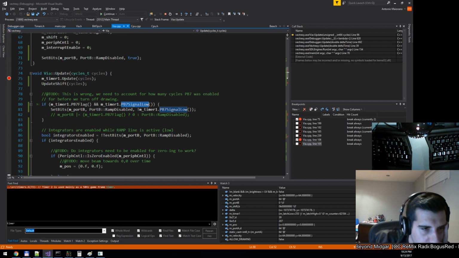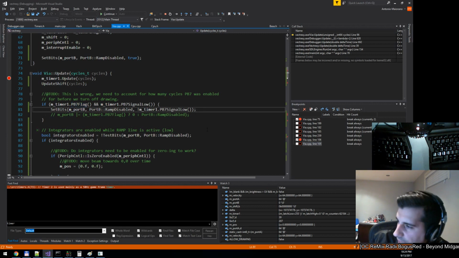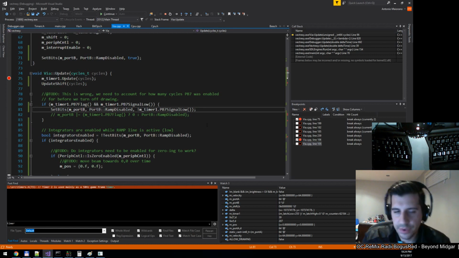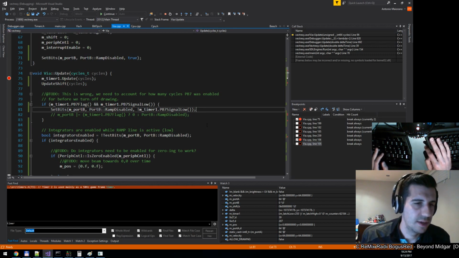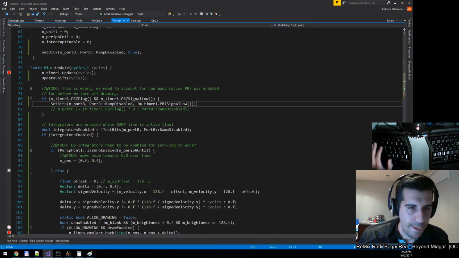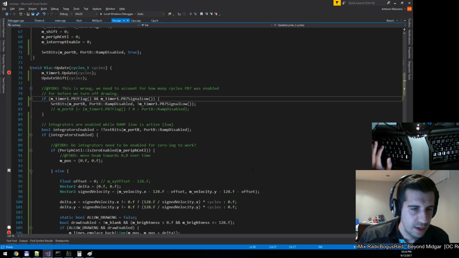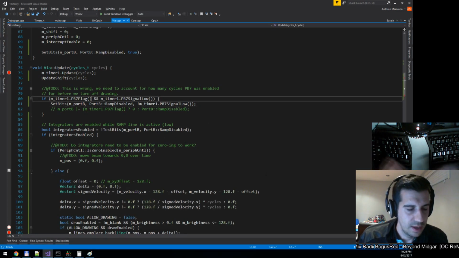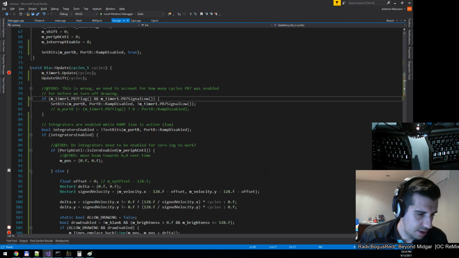If it's low, if the flag is set, so if it's enabled and it's low, this is not right. This is not, okay. This is not right. I think this is not right.